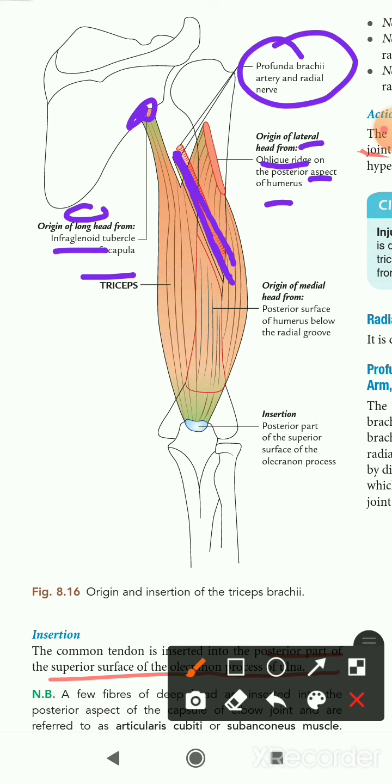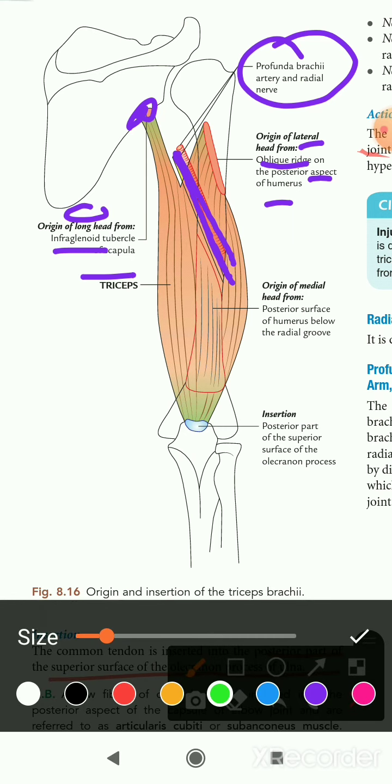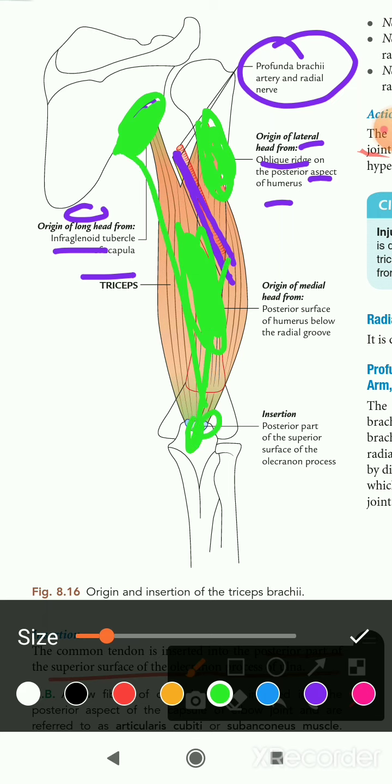So above this radial groove, from the oblique ridge, the lateral head of the triceps originates, and below the radial groove, the rest of the posterior surface of the humerus, the medial head arises, and from the infraglenoid tubercle, the long head arises. After originating, they are ultimately inserted on the posterior part of the superior surface of the olecranon process of the ulna.